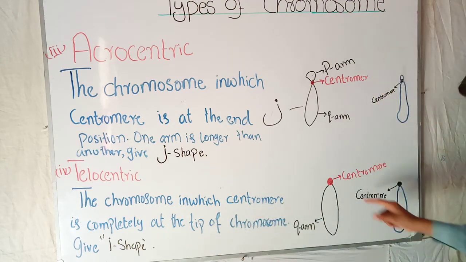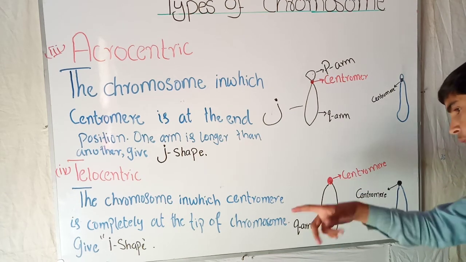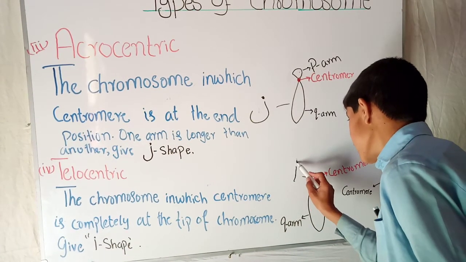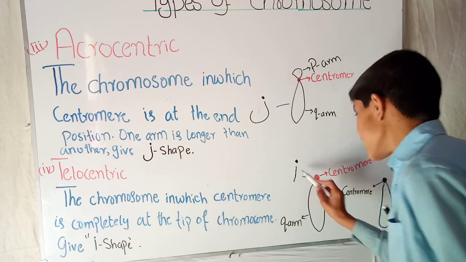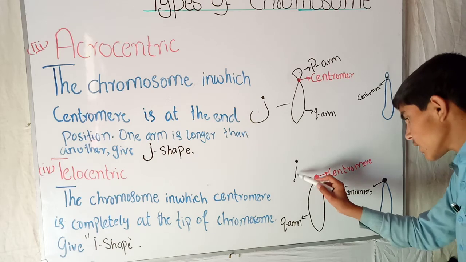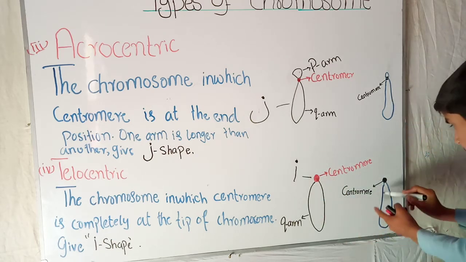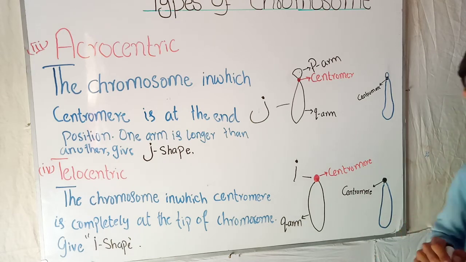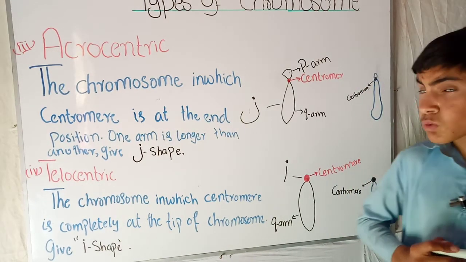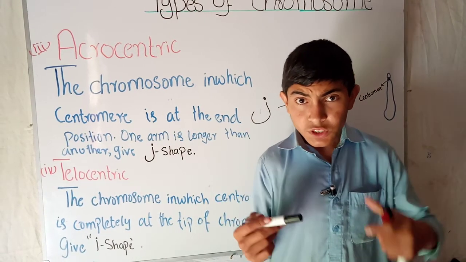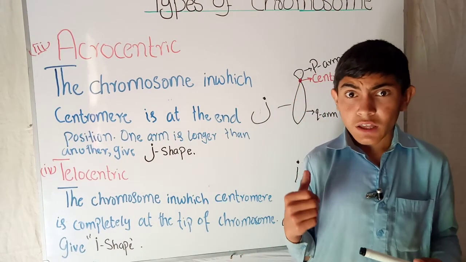Like the alphabet I, the centromere is the point of the I, and the remaining is the Q arm. So this was about the types of chromosome according to the centromere position.